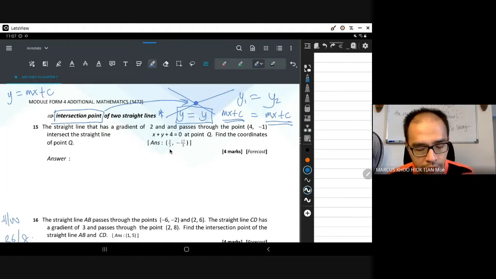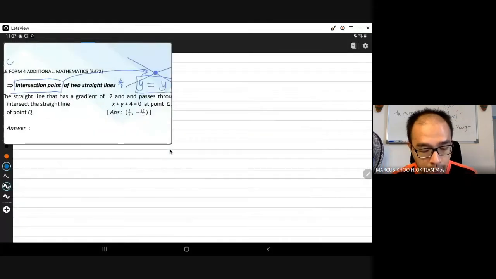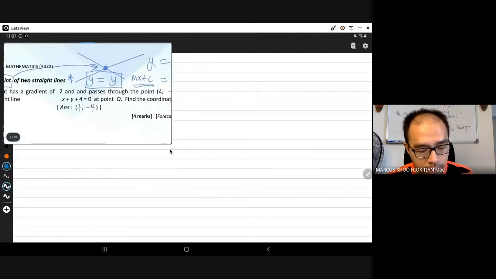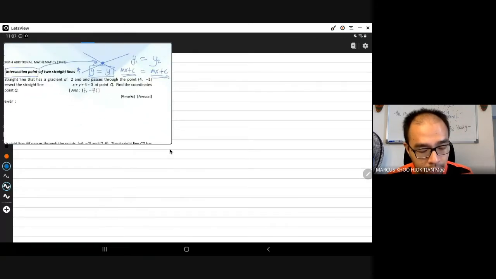Let's show you this number 15 first. Number 15 says a straight line has a gradient of 2 and passes through the point (4, -1). If the straight line has a gradient of 2 and passes through the point (4, -1), we can form the equation already.